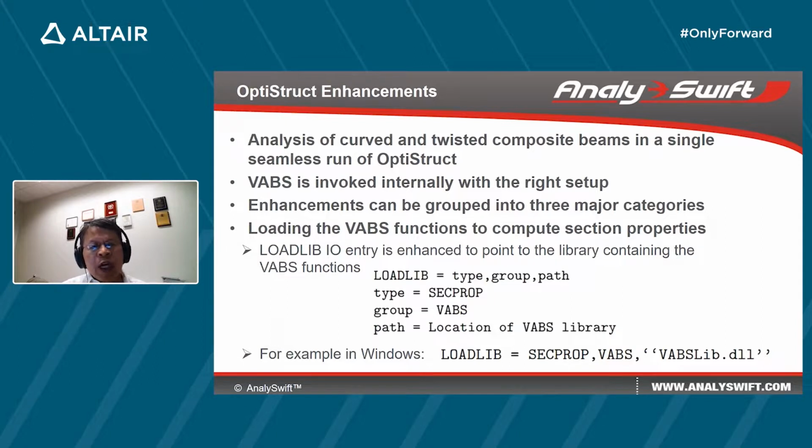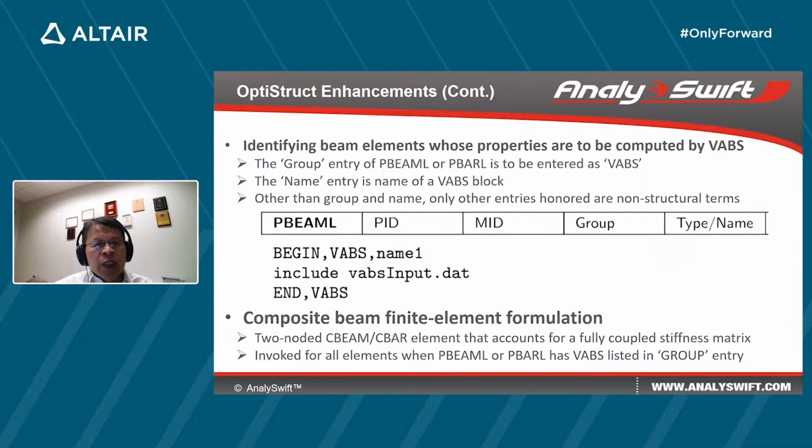First, OptiStruct can use a tool to load WEBS functions to compute section properties, and it can be done for Windows and Linux. Second, in OptiStruct, we can identify particular beam elements whose properties are computed by WEBS, then automatically invoke WEBS with the right setup.